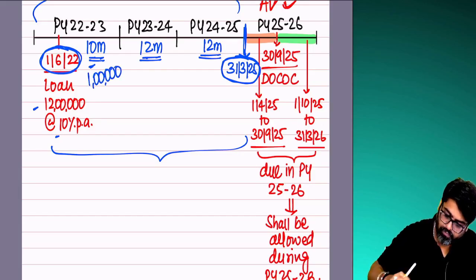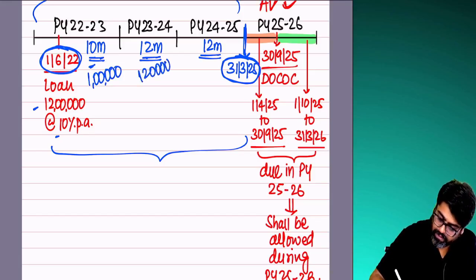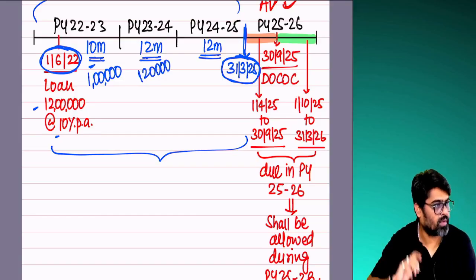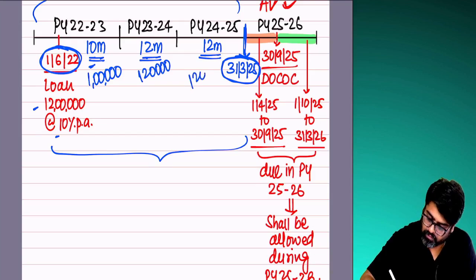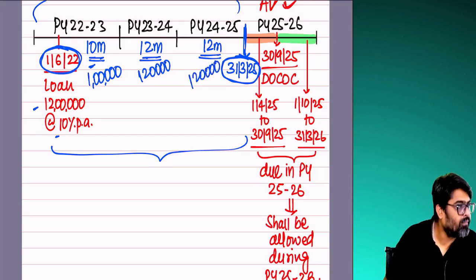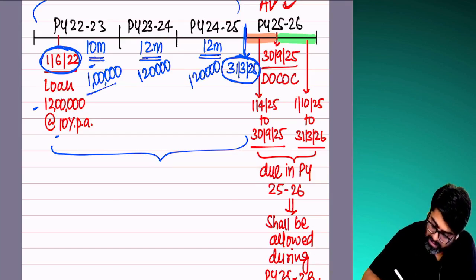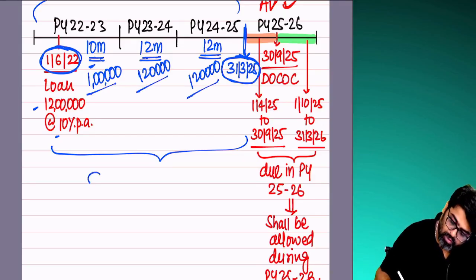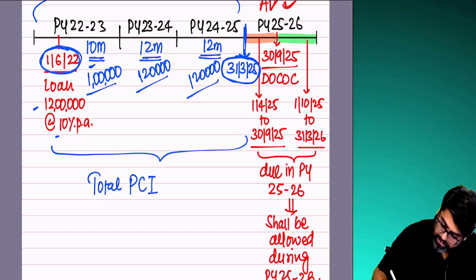What about these 12 months? 1 lakh 20. 12 lakh into 10% for the full 12 months. What about these 12 months? 1 lakh 20. Can I say 1 lakh plus 1 lakh 20 plus 1 lakh 20, total pre-construction interest is how much? 3 lakh 40.